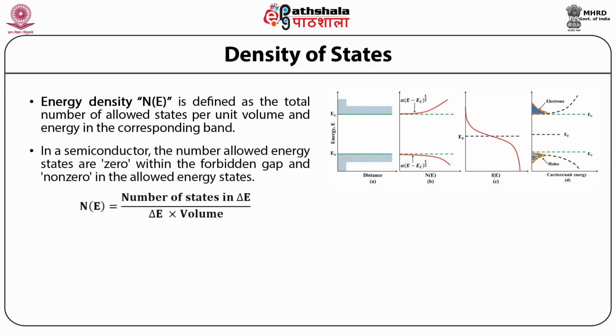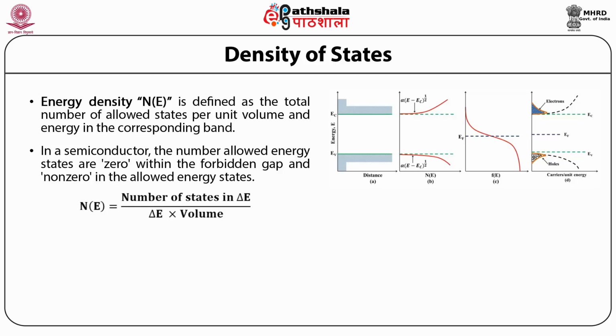In a semiconductor, the number of allowed energy states is 0 within the forbidden gap and non-zero in the allowed energy states. Hence, it is important to know how many states are distributed for electrons amongst the allowed energy bands.